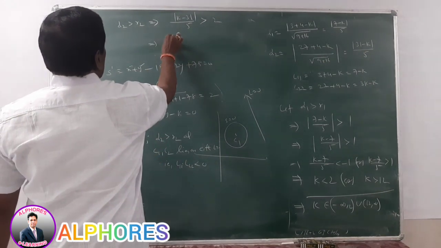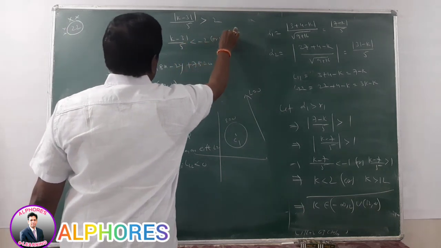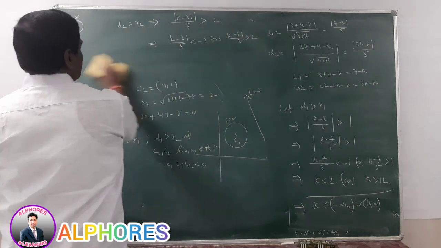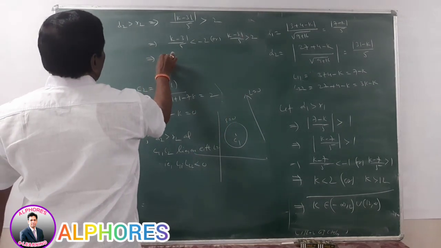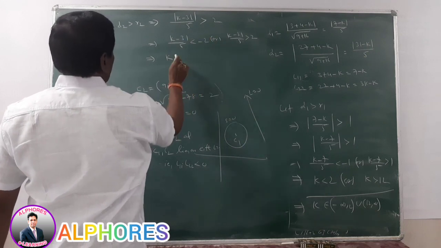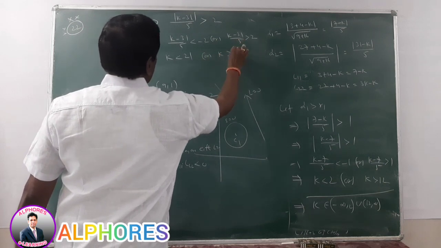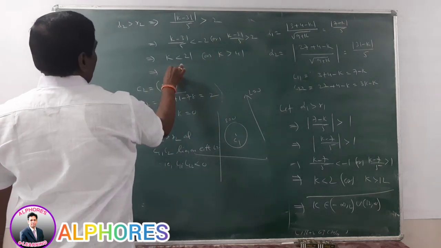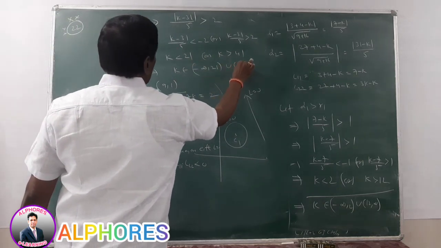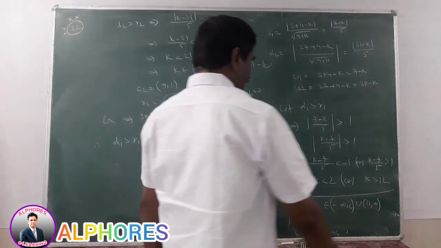That means k minus 31 by 5 is less than minus 2 or k minus 31 by 5 is greater than 2. That implies, by cross multiplication, k less than minus 10 plus 31, which is less than 21, or k greater than 10 plus 31, which is 41. That means k belongs to minus infinity to 21 union 41 to infinity. It is the second equation. Okay. It is the first one, it is the second one.